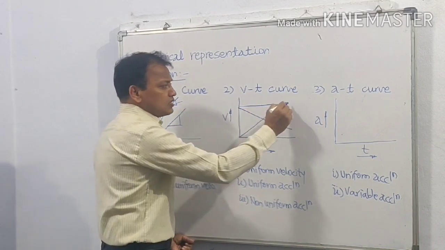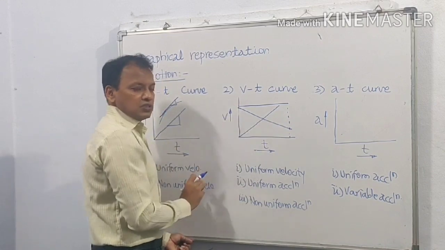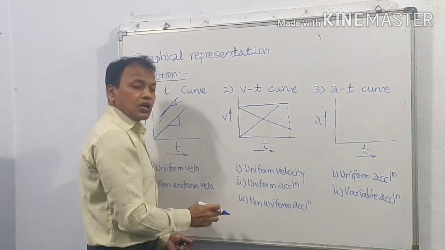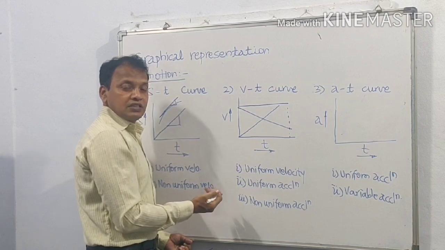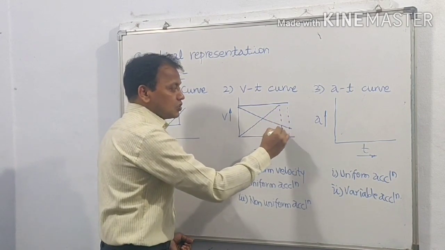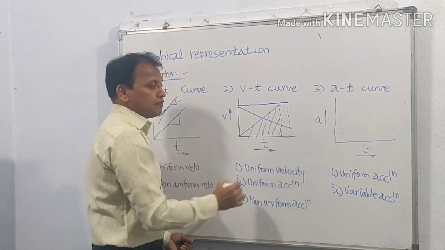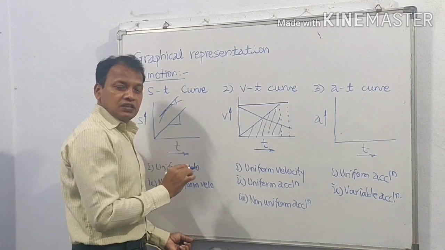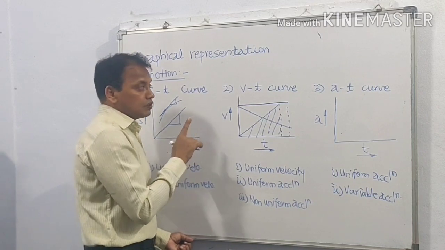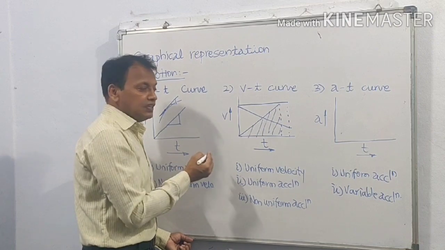Now consider this curve, and here this is time and this is velocity. So velocity into time, obviously this is displacement or distance traveled. Therefore in case of the VT curve, the area under the graph will give us the distance traveled. Remember, the VT curve is important because we are going to solve examples using these VT curves.